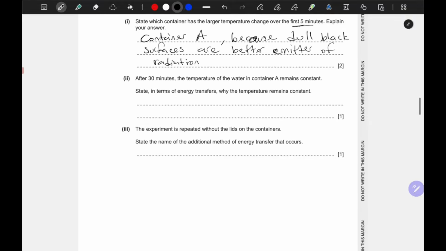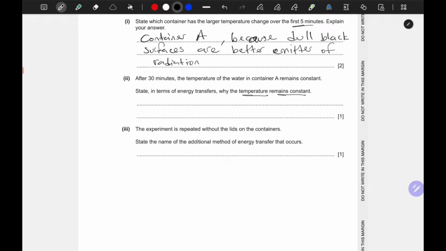After 30 minutes, the temperature of the water in container A remains constant. Okay, so that means there's no net transfer of energy. State in terms of energy transfers why the temperature remains constant.